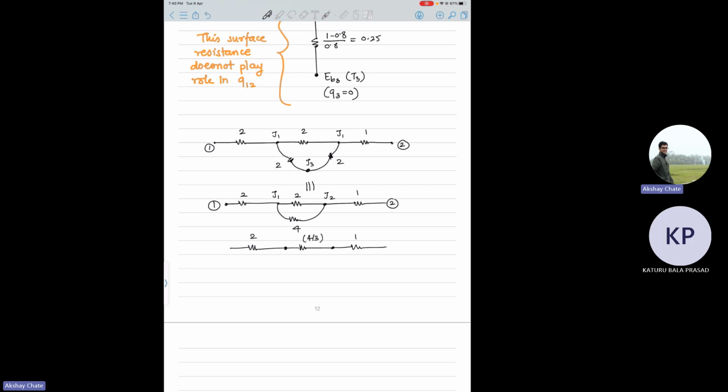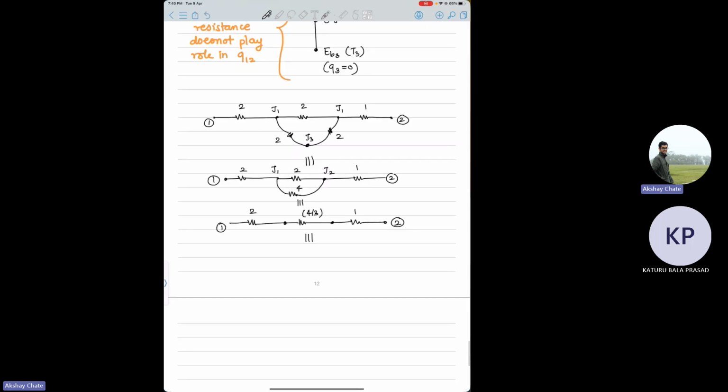This is 1. Maybe I'll write it inside, otherwise it's confusing. And this is equivalent to this. Yeah, 1 by 2 plus 1 by 4, 6 by 8, 8 by 6, 4 by 3.